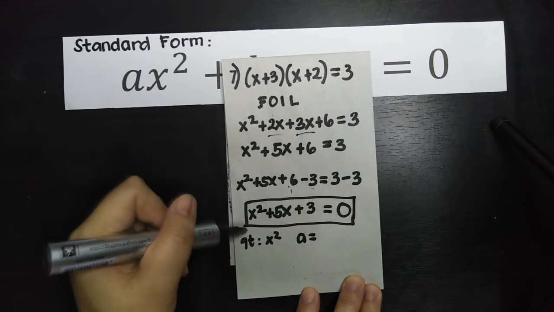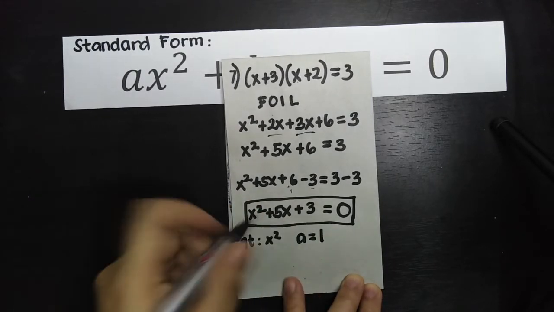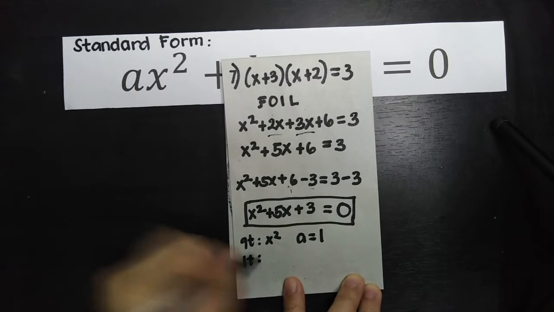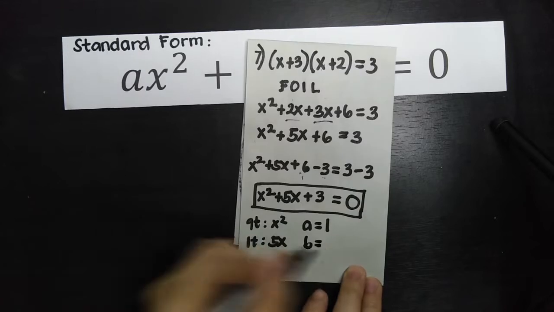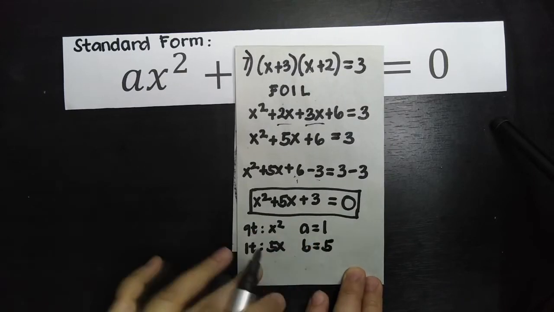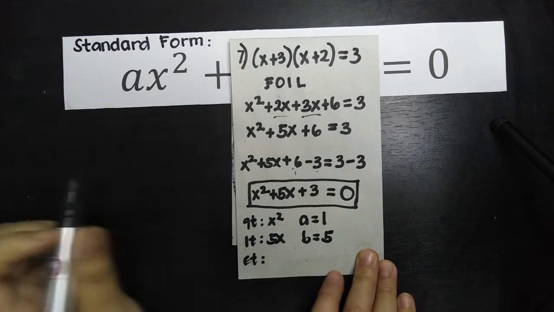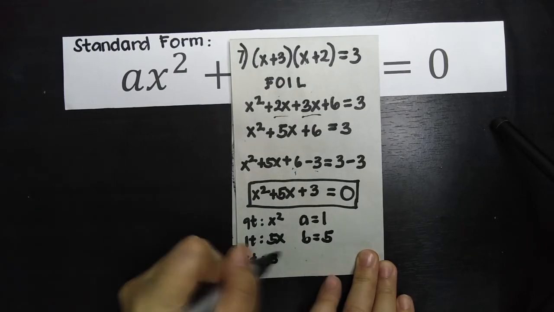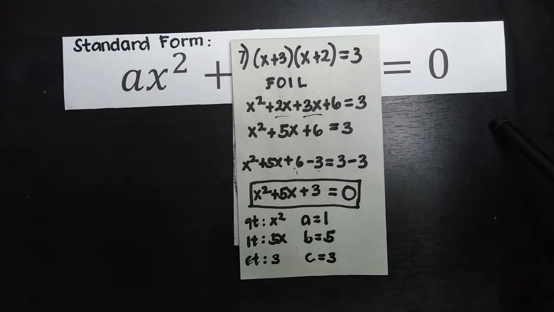Since wala kang nakikitang number, that just means that a is 1. And then linear term, which gives us 5x, and the value of b, which is 5, and the constant term, which gives us 3, and the value of c, which is also 3.